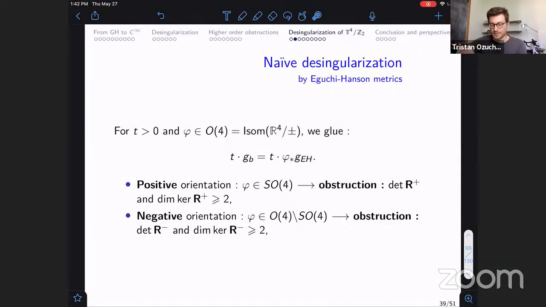And as Nikolaos Kapouleas mentioned this morning, this orientation completely determines the topology. So having your gluing done in SO(4) or on the other part changes everything.